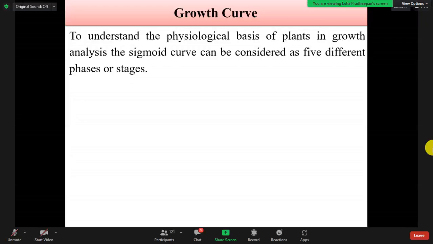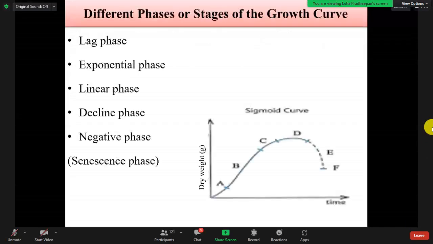That can be further divided into different stages, 5 stages. We will study that in the next class: lag phase, exponential phase, linear phase, decline phase and negative phase, and each phase we will study a little deeper in the next class.